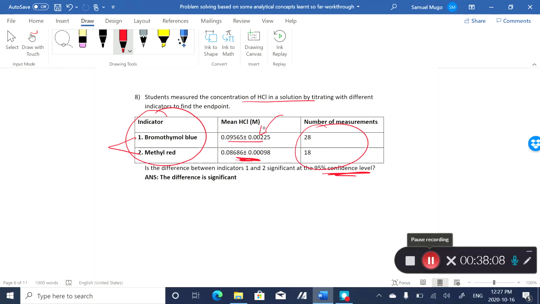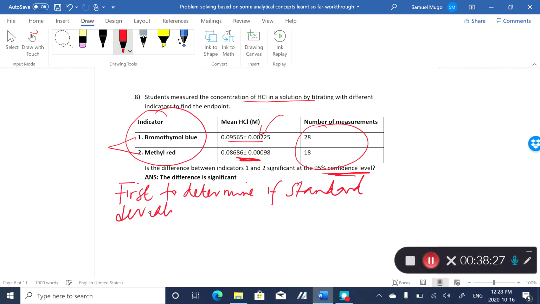And so remember, in this case, we first need to determine if the standard deviations are significantly different, because if they are different, we're going to use a different relationship than if they are not different. So you need to do what you call the F test.